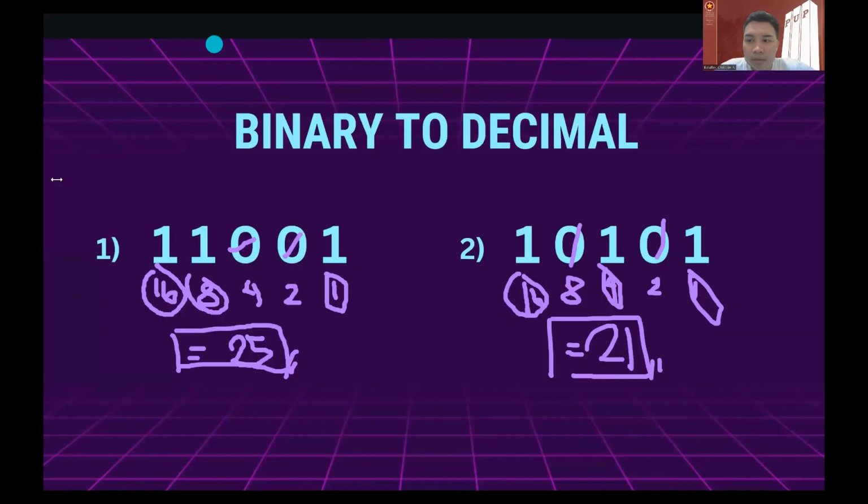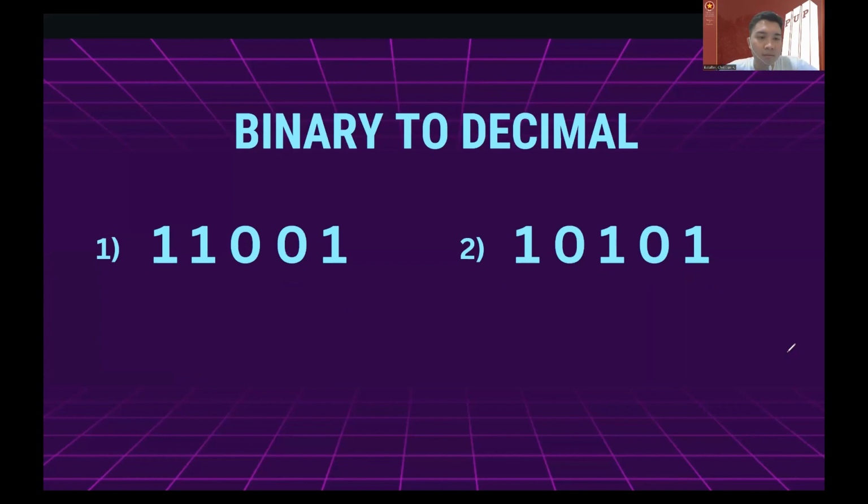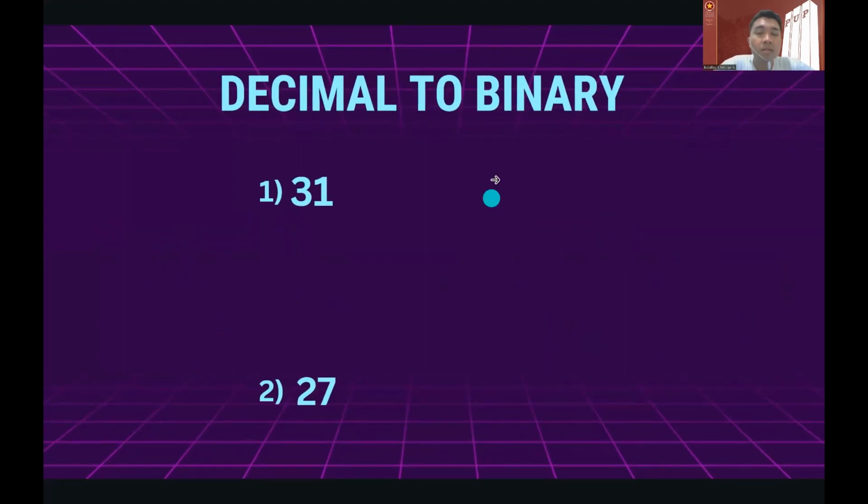So now, let's proceed sa conversion ng decimal to binary. So in decimal to binary, we will just reciprocate sa kung anong ginawa natin sa previous, yung binary to decimal. So, I have here sample number 1 is 31, sample number 2 is 32.